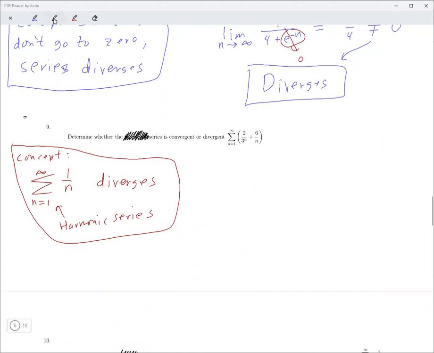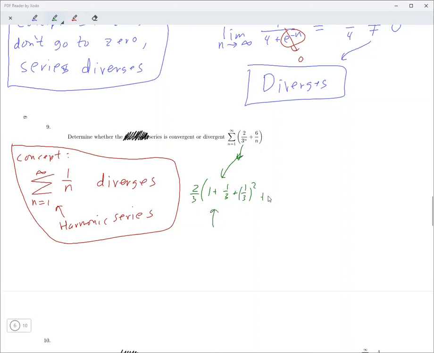And what happens with this exercise is, if you factor a 2/3 out, you get 1 plus 1/3 plus 1/3 squared.